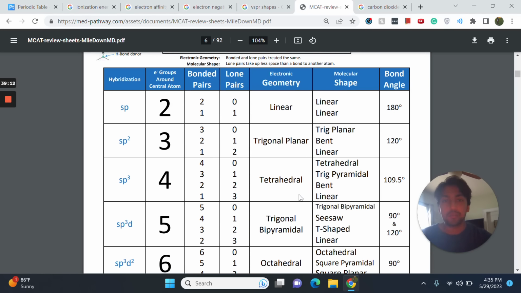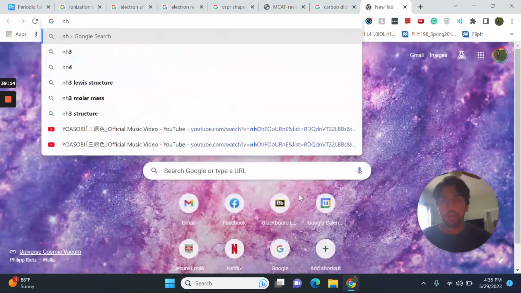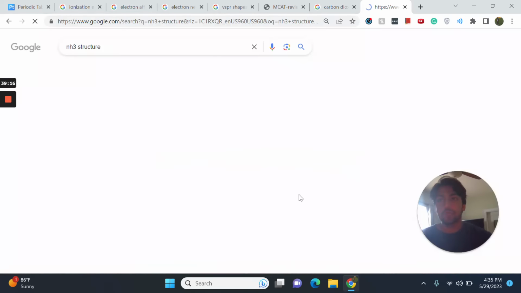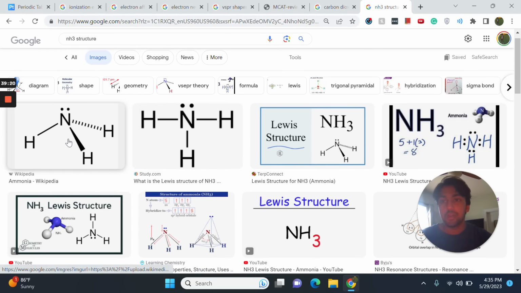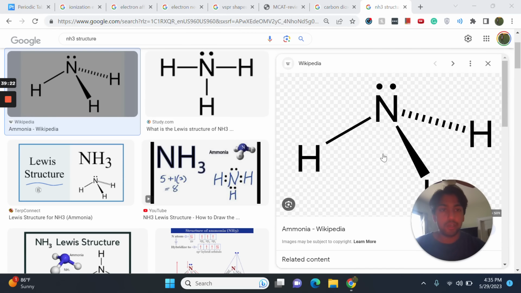So what would be an sp3? Let's say NH3 structure. Okay, so this has sp3, trigonal pyramidal, and you can see that this NH3 has 1, 2, 3 bonds and 1 lone pair. And so this lone pair is going to take up a little bit more space, and these bonds are also going to take up space.